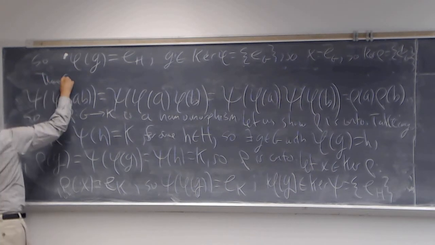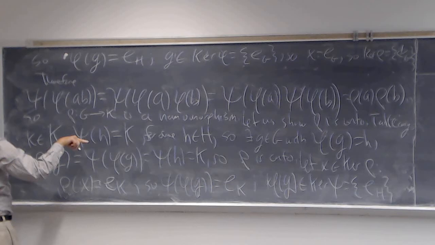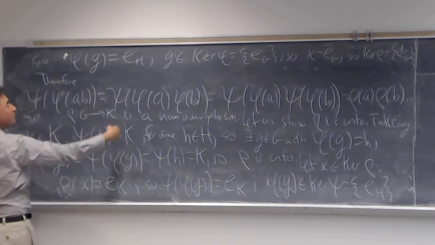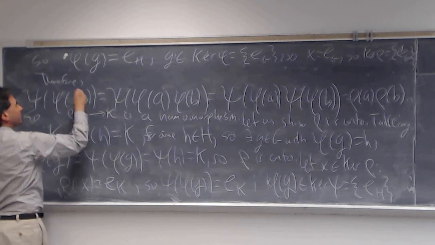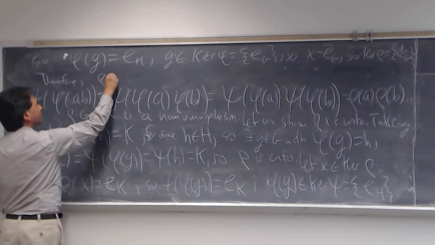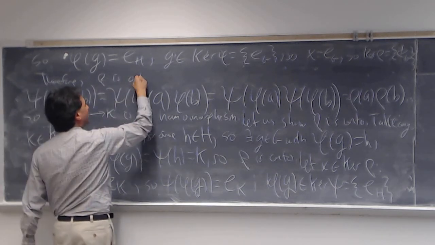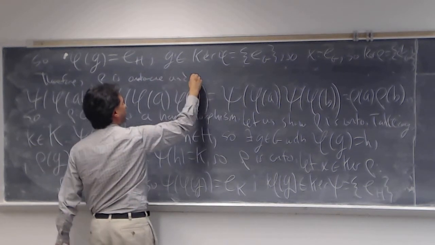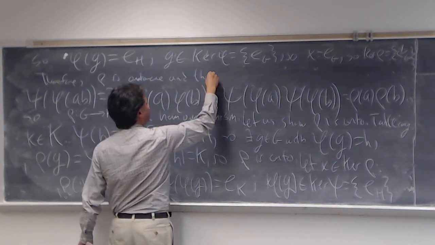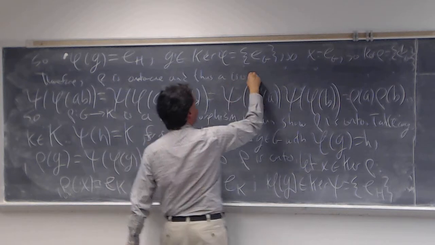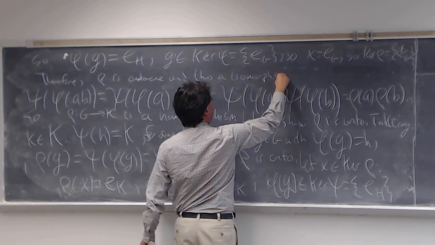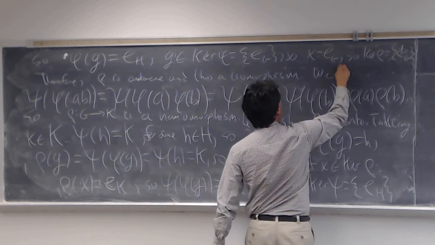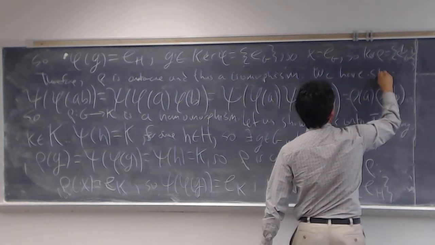Therefore, here we use the fact that if something is one-to-one, the kernel is the identity. Remember that we proved that if and only if. So in the other direction, since the kernel of rho is only the identity, rho is one-to-one, and thus an isomorphism. So what have we shown? We have shown transitivity.